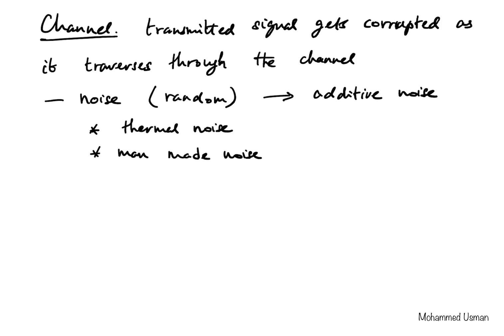And the other sources of noise could include man-made noise, that could be because of say some machinery operating in the vicinity, or it also comes from the ignition of automobiles, and also it can occur from natural sources like electrical lightning, right?